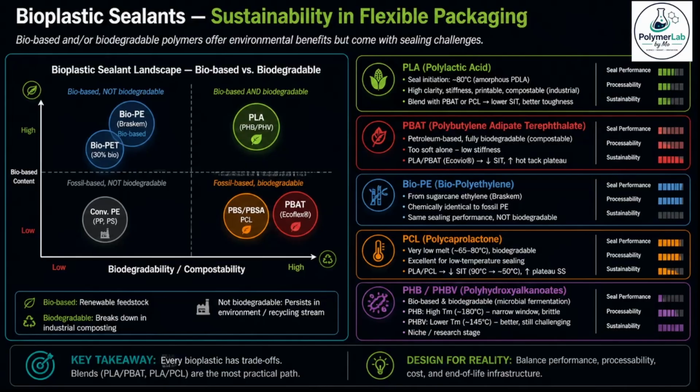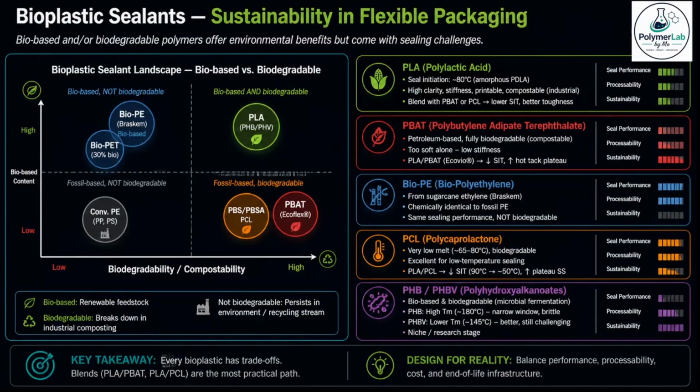PLA, polylactic acid, is the bioplastic with the most packaging traction. It is bio-based from corn, compostable in industrial conditions, has excellent clarity and stiffness, and can be printed on.